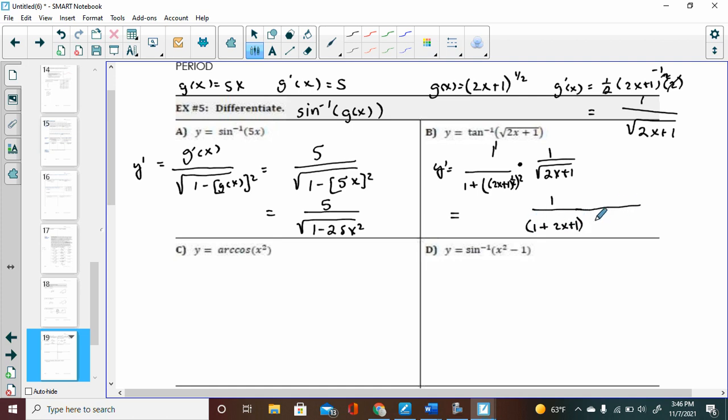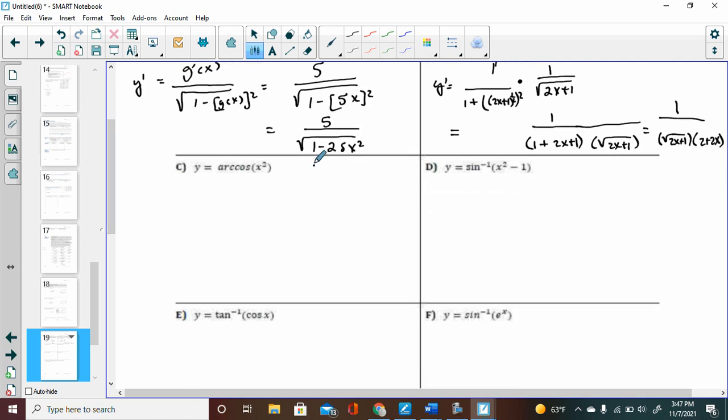And times what's on the bottom, the square root of 2x plus 1. So I'm going to simplify, and I get 1 over the square root of 2x plus 1, I'm just going to write it first because it's easier, and then 2 plus 2x. And done.